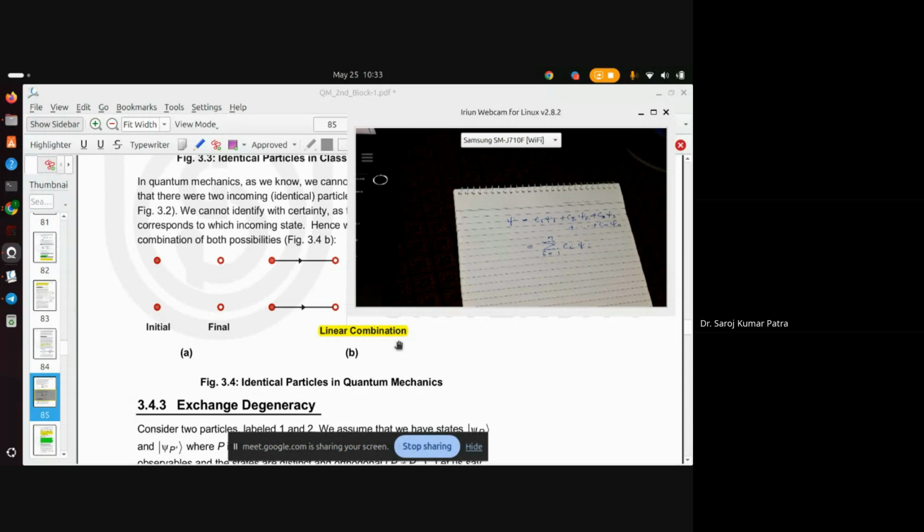वो तो बाद में हम बता रहे हैं कि वो जो समेशन |c_i|² होगा वो बेसिकली प्रोबेबिलिटी ऑफ फाइंडिंग द पार्टिकल इन स्टेट 1 और स्टेट 2 और स्टेट 3 लाइक दैट, राइट? So you are talking, |C1|² will be the probability of finding the particle in psi 1. |C2|² will be the probability of finding the particle in psi 2, right? That is fine. That is coming from where?